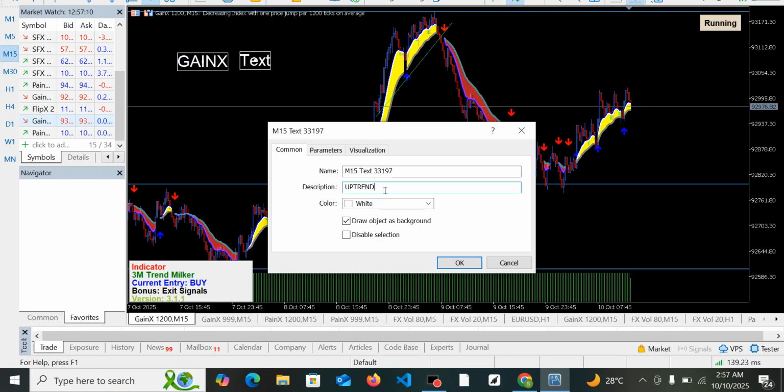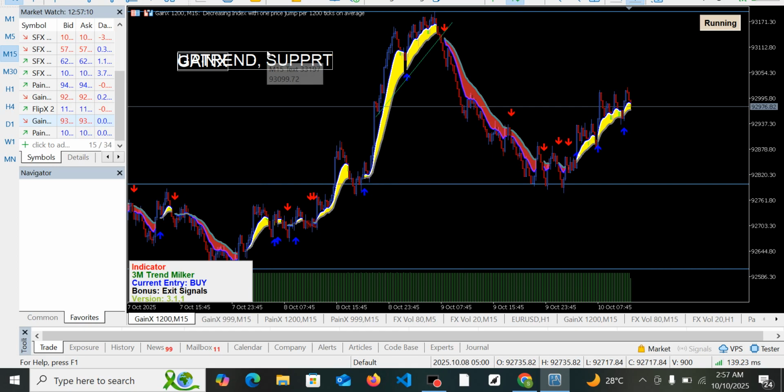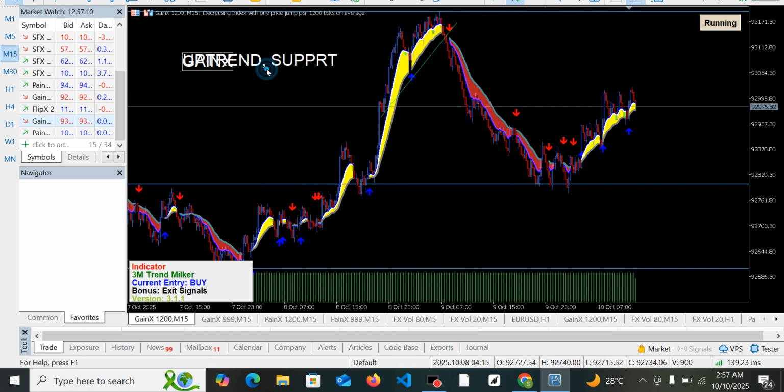Spikes happen at the support zones. This is very, very important. So you trade spikes when the market is on uptrend, then it will happen at the support zones also. All these are very, very important. Once you get it right, you will definitely milk the market right from there. That is for GainX.